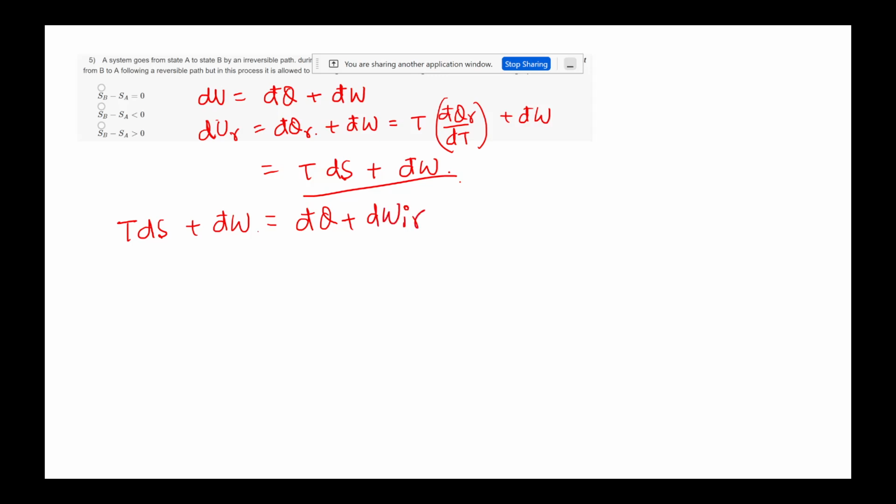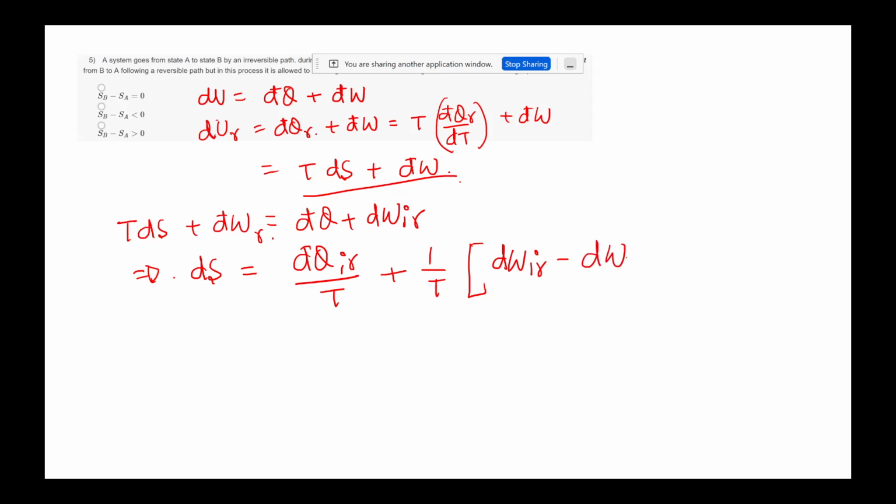Let's say this one is irreversible and this one is reversible, so we can write dS is equal to dQ irreversible by T plus 1 by T times dW irreversible minus dW reversible.